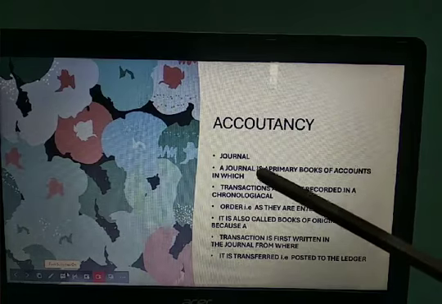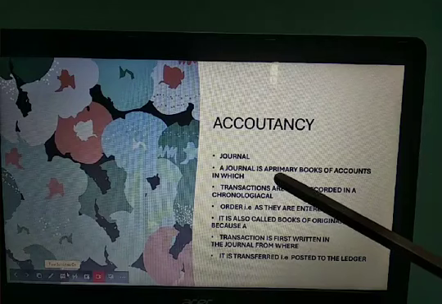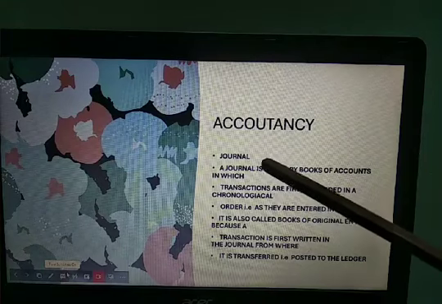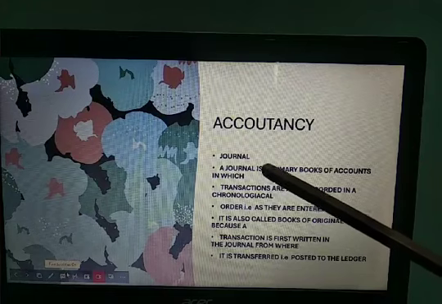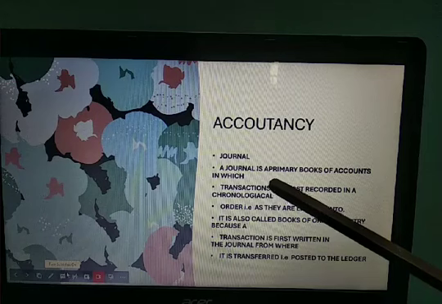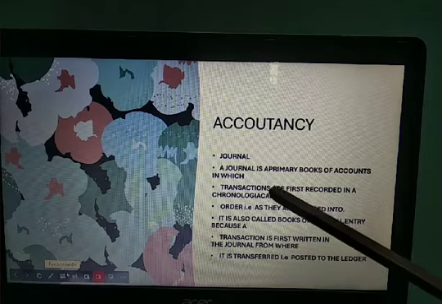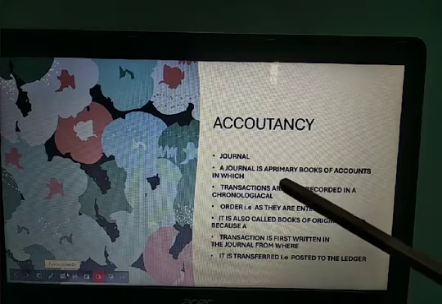Now we have to discuss what is a journal. Jar means day. This concept came from day. So the primary books of accounts where transactions are written on a daily basis is called a journal. That's why the journal is a primary book of accounts.